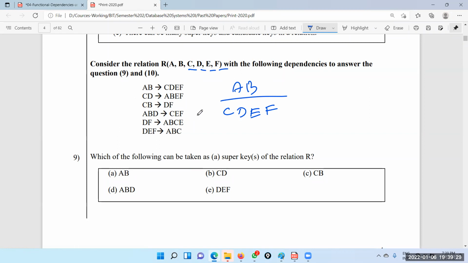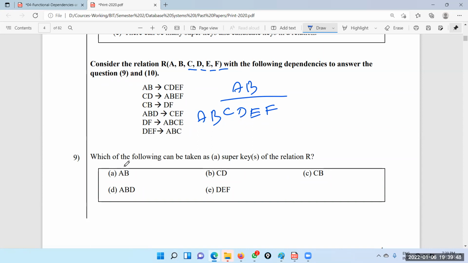AB anyway determines AB, by reflexivity. And also it says AB determines C, D, E, F. So therefore AB determines A, B, C, D, E, F.